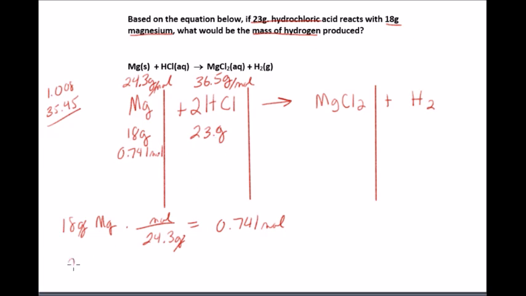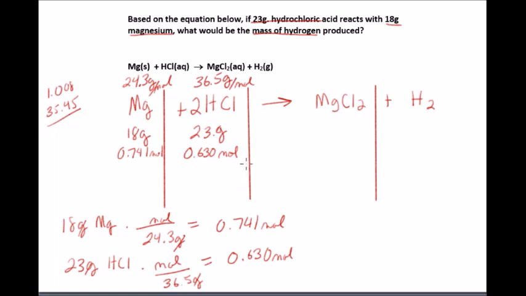Okay, here, 23 grams of HCl. In this case, all right, now we have to decide which one is going to be your limiting reactant.